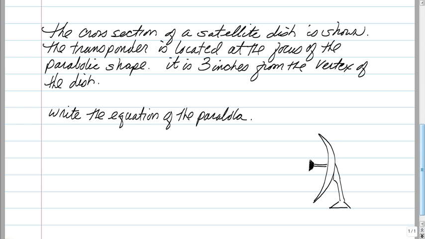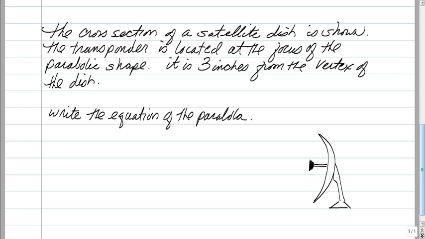Before we do this problem, I want to say it's a satellite dish. You see them on thousands of houses, so we're not going to say that if you live at 100 Parabola Lane you're sitting at a vertex of negative 125, 56, but if you're living at 200 Hyperbola Circle, you're going to have a vertex of 200.